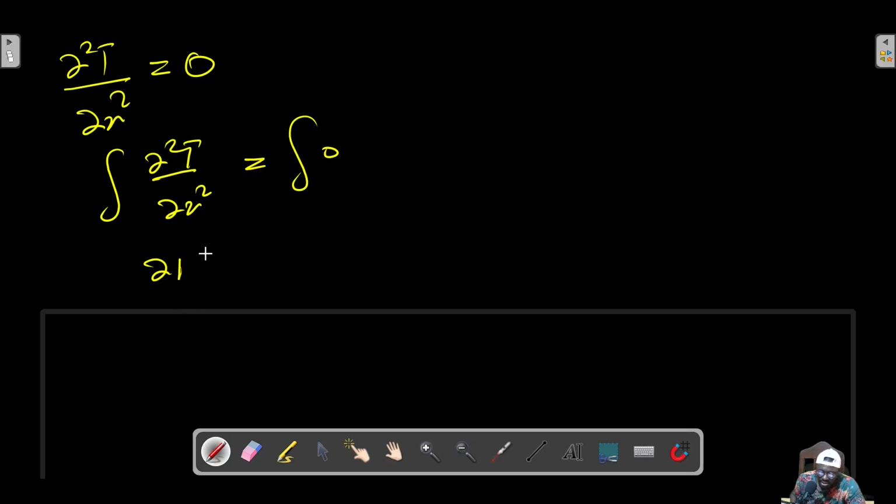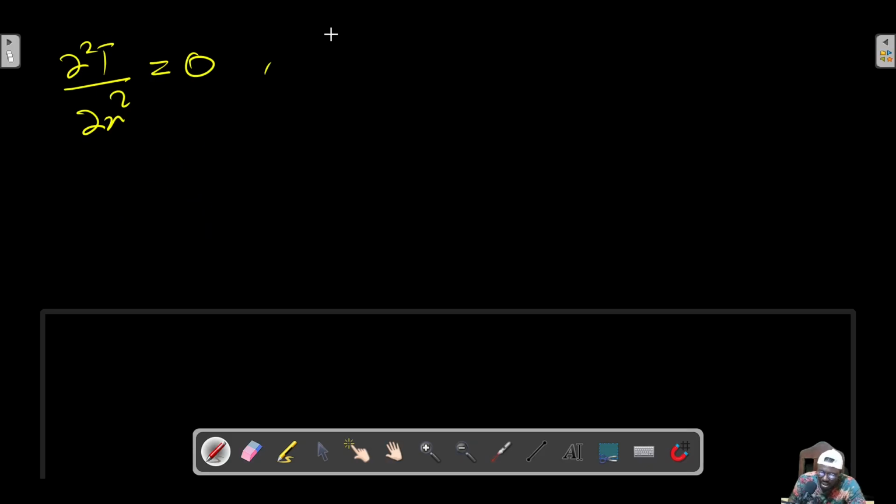But then there's one thing I want to do. Let me show that first. Now, del squared T on del x squared can be written as d squared T on dx squared, and we already know why. I believe we know this from multivariable calculus.